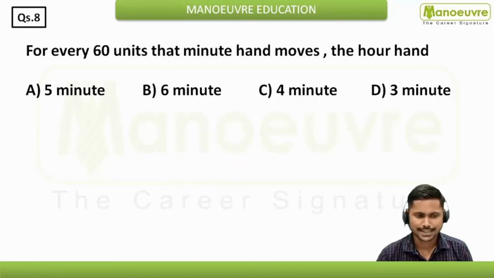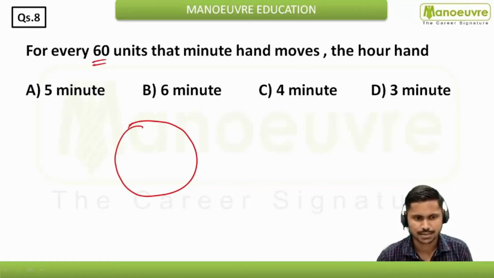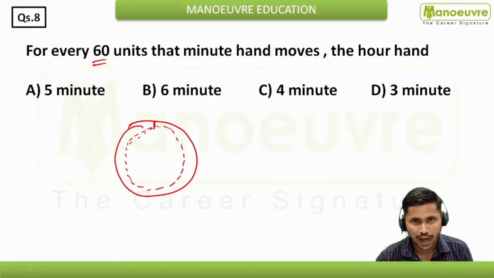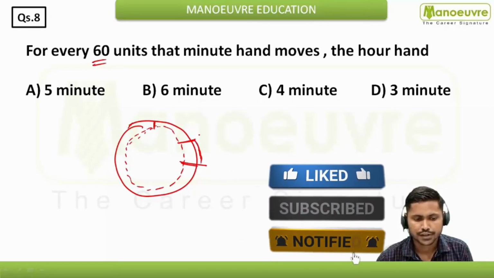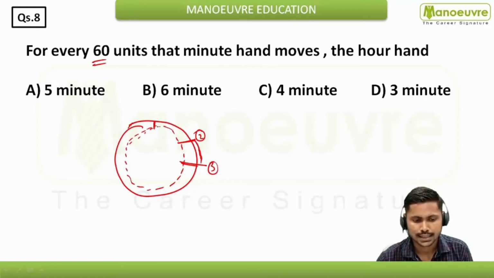Now, for every 60 units that the minute hand moves, the hour hand moves how much? Very easy question. Let this 60 units be 60 minutes. In 60 minutes, the minute hand moves one round of the clock. Yes or no? Of course, it is revolving one round. But if I talk about the hour hand, if it is at 2 and goes to 3, then it revolves only this much with respect to 60 units in terms of the minute hand.